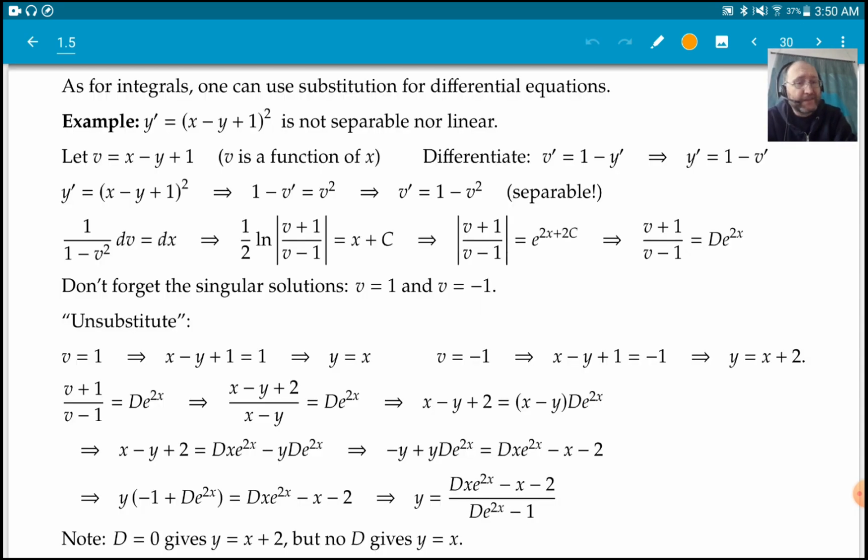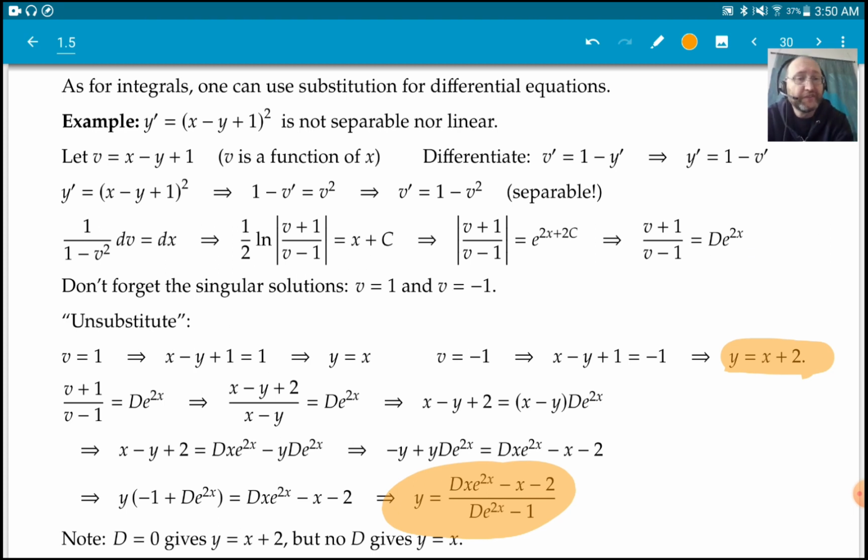Now, here's a side note. You actually don't need this singular solution. It's fine to write it down, you're just writing down slightly more. If you look at this, d equals 0 actually gives you this solution. If I put in d equals 0, I'll have minus x minus 2 divided by minus 1. That's x plus 2.